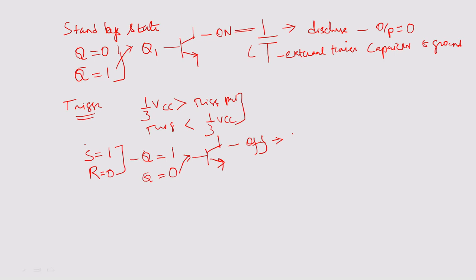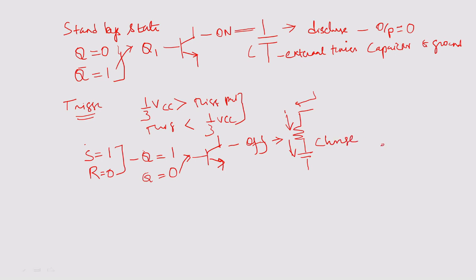The external timing capacitor circuit will be disconnected from the previous state, which was connected, right? Now it will charge through this network, charging from the supply.